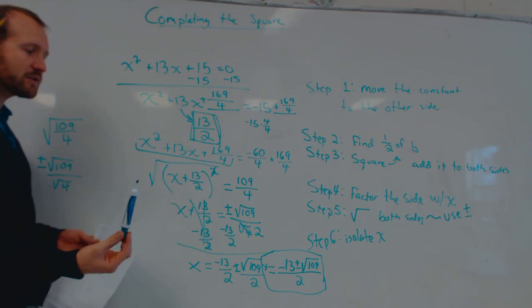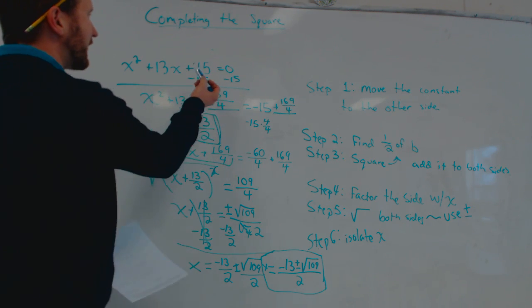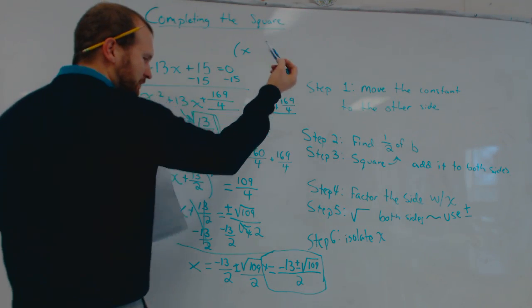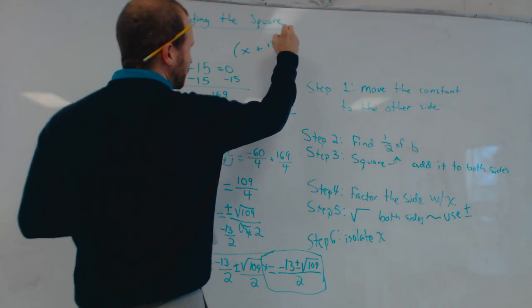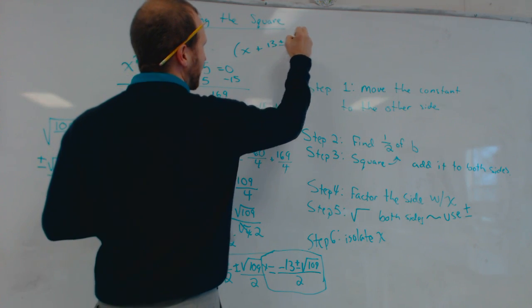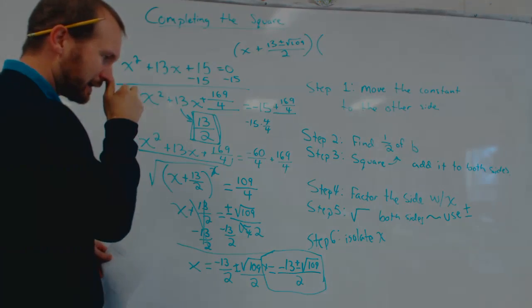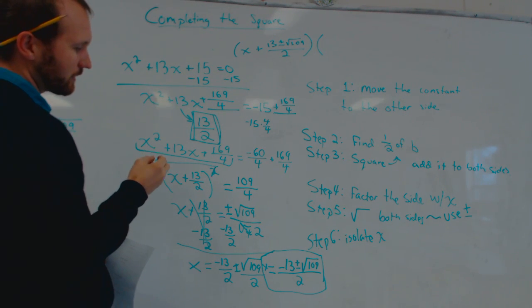But factoring would be so hard. I mean, how many of you would have realized the factors of 15 that add up to 13? Oh yeah, I mean, come on guys, it's just like plus 13 plus or minus the square root of 109 over 2. So that would be minus. Wait, wasn't that a minus 13 though, Nate?